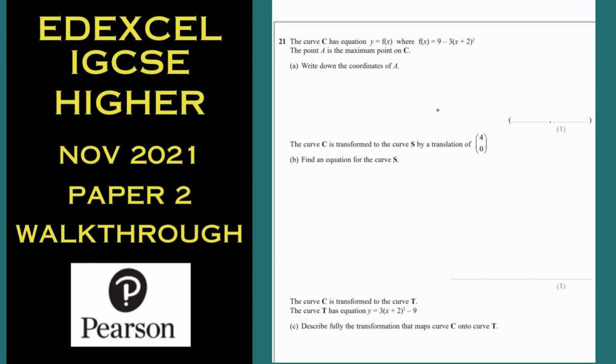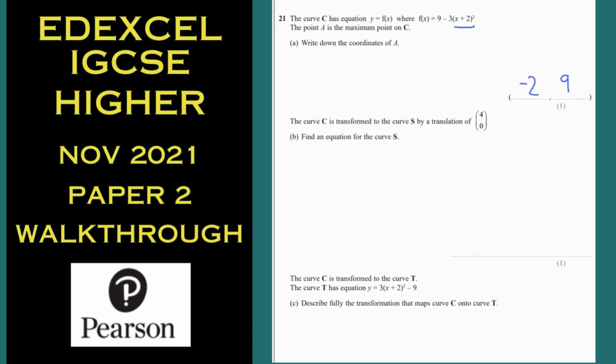But anyway, A is a maximum. Maximum occurs where the brackets are 0. And when the brackets and everything around it disappears, we end up with 9 minus 0. So 9. Part B, what does that translation do? It moves a curve to the right 4 units. What needs to happen is this x plus 2 that's in brackets.